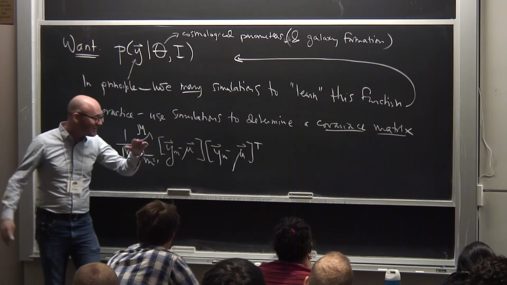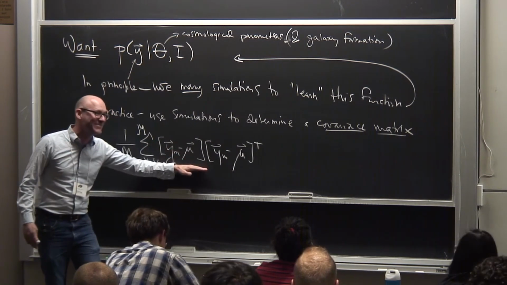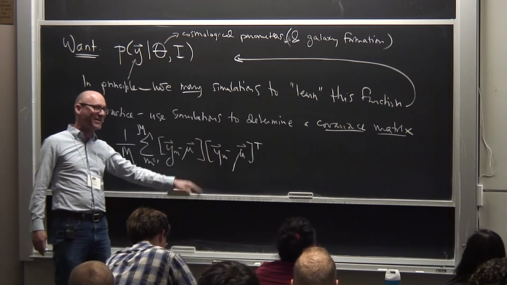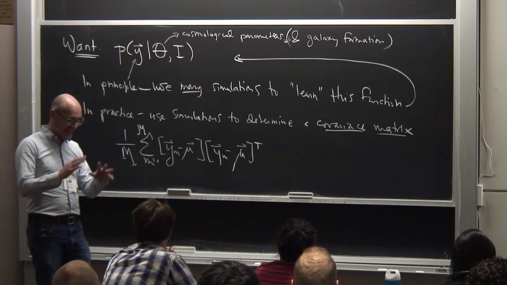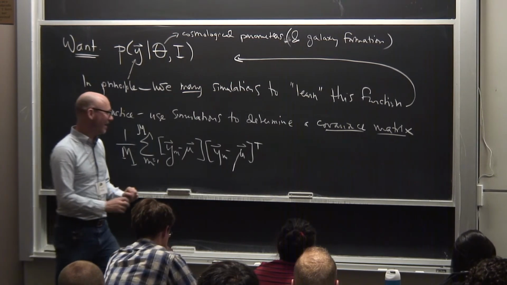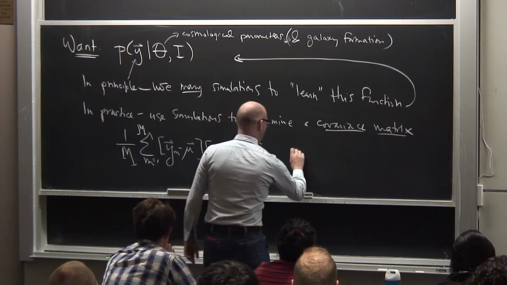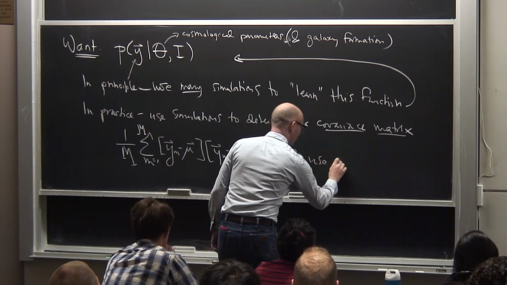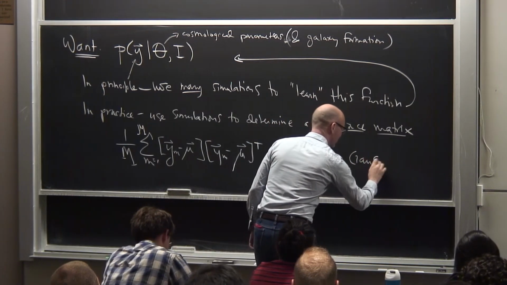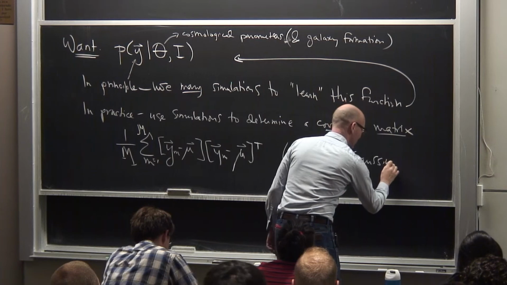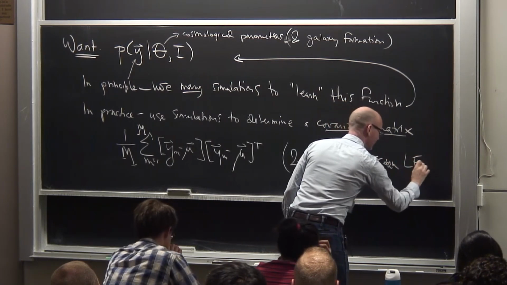And even this takes a lot of simulations to get a good solid estimate of this covariance matrix. So we do that and use a Gaussian likelihood function.